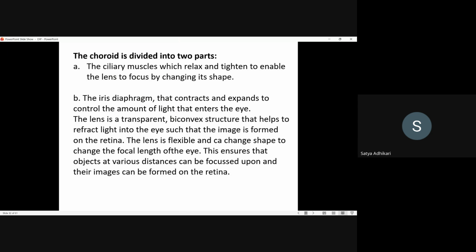As we discussed, it is adjusted in such a manner that you can see an object very near to you, and also an object very far from you, because it always forms the image on the retina, so that we can view the object irrespective of any distance.